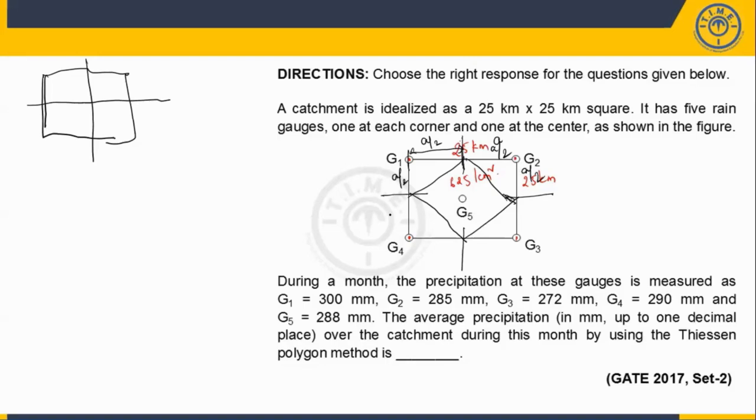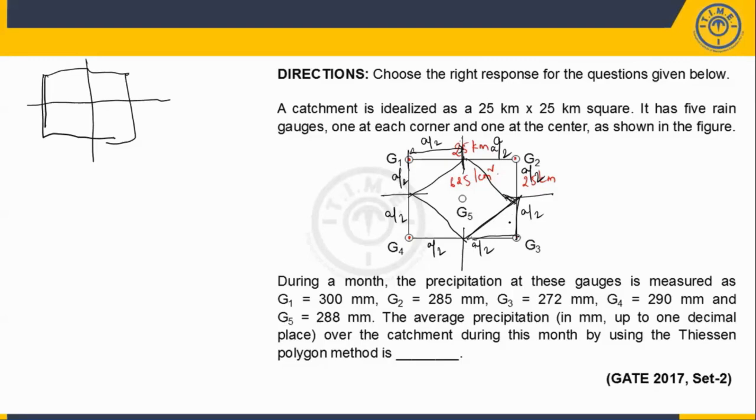So this is A by 2 and this is A by 2. Can you tell me the area of this triangle? Half base into height. Very good. A square upon 8.